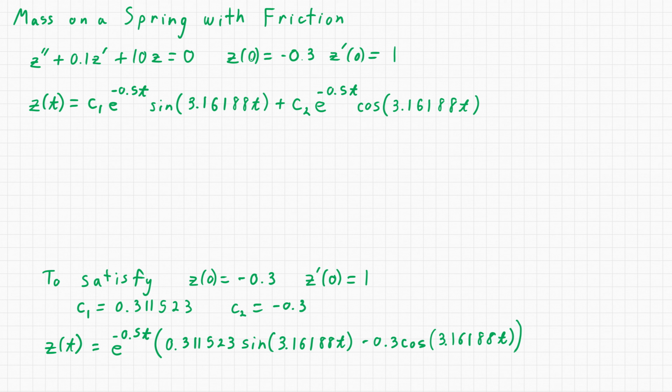You plug in t equals 0, and then z at time t equals 0 is negative 0.3.